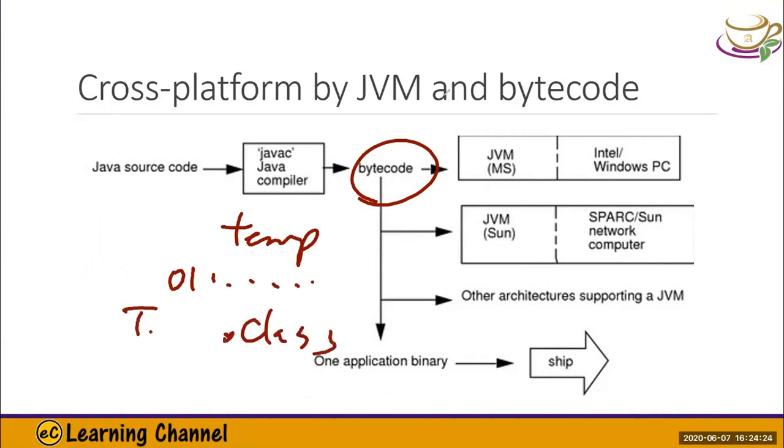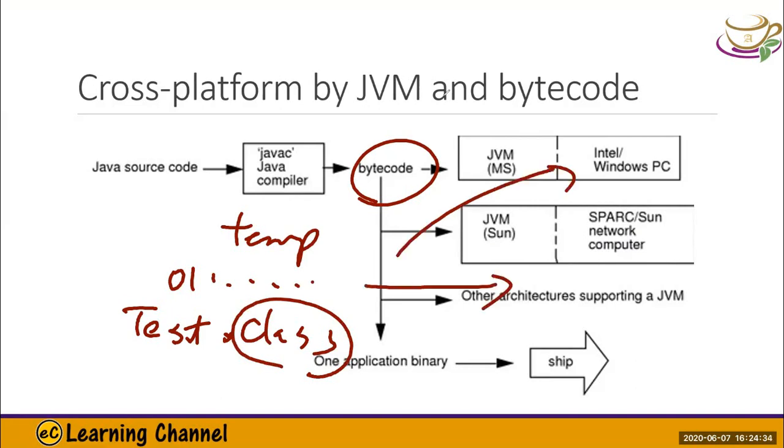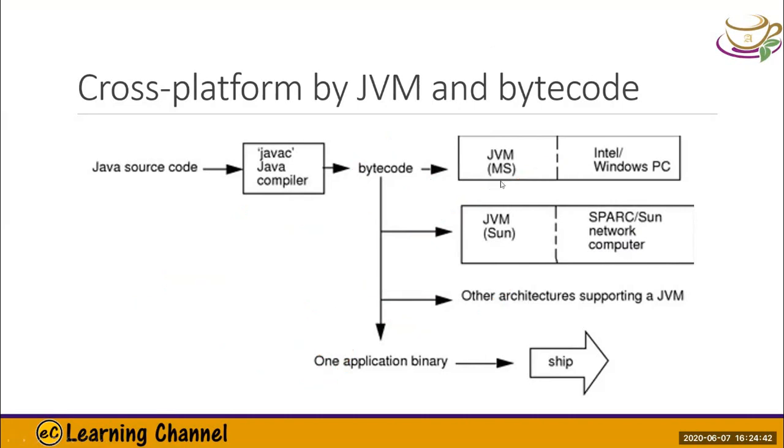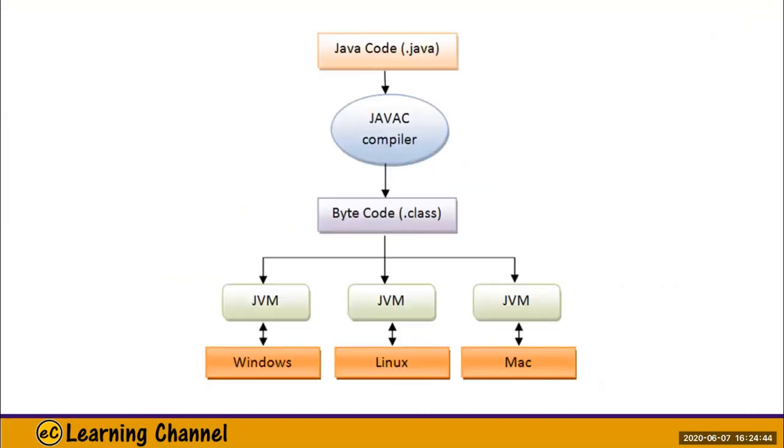So you have test.java, it will compile to test.class. And this test.class can be run on Windows, can be run on Mac OS, can be run on Linux. So it is called platform independent. So you can run that program on different platforms. So Java has the advantage of being platform independent. Okay.